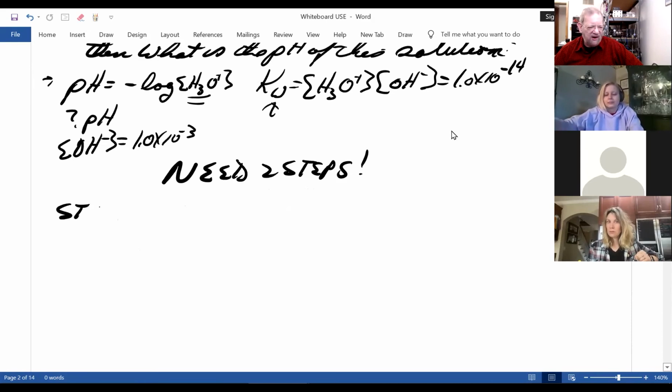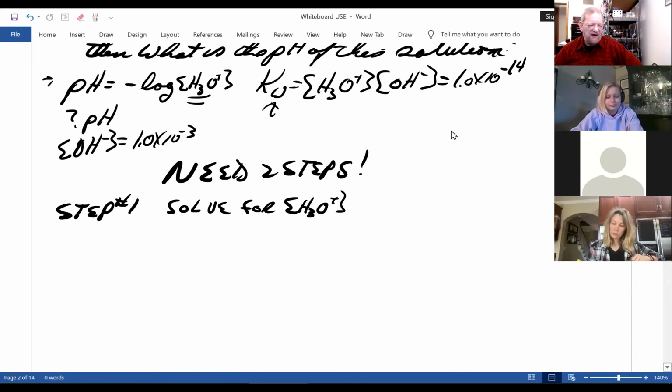And step 1, you solve for the hydronium ion concentration. How do you do that? You use this.